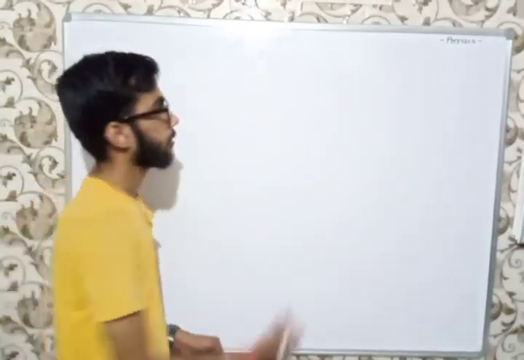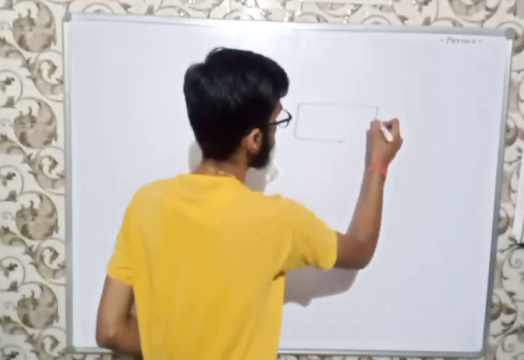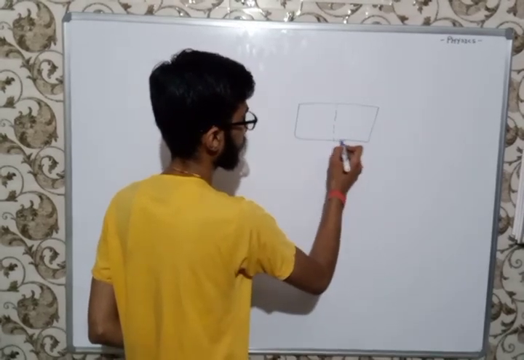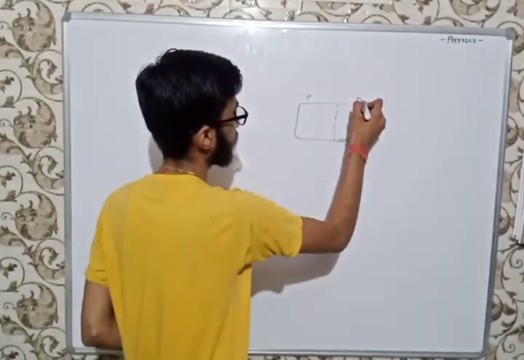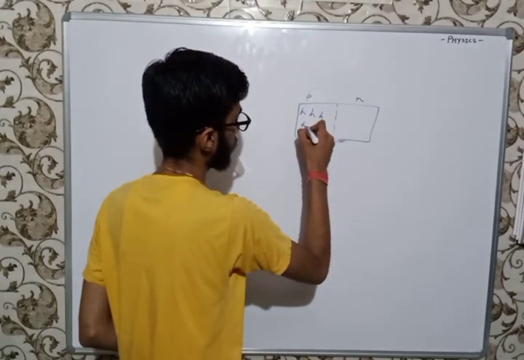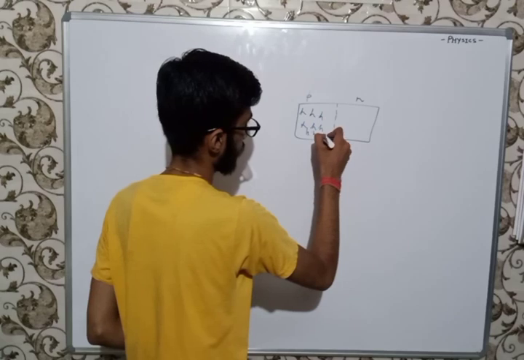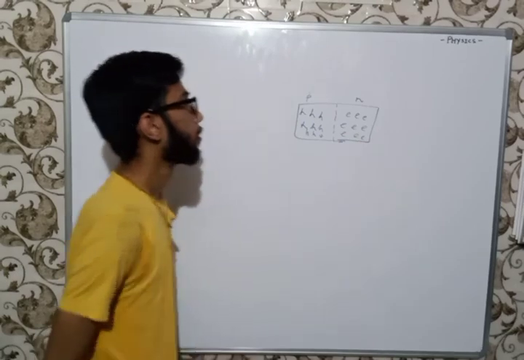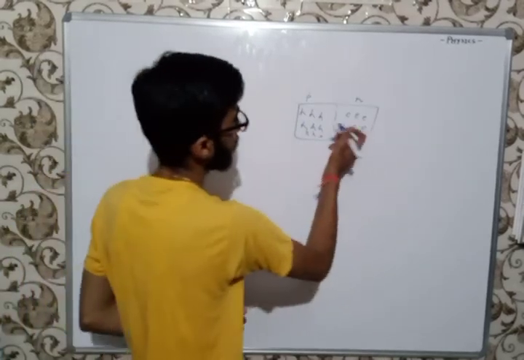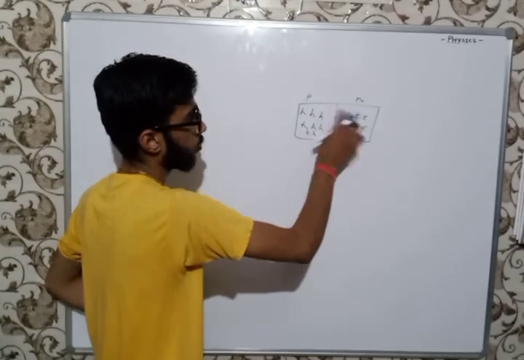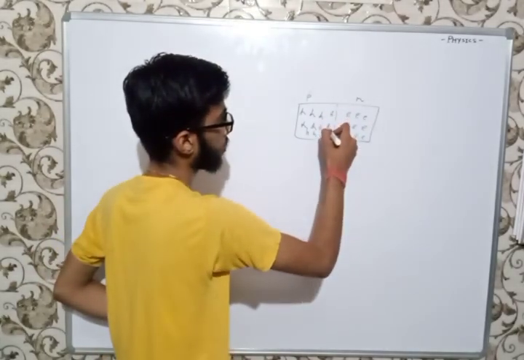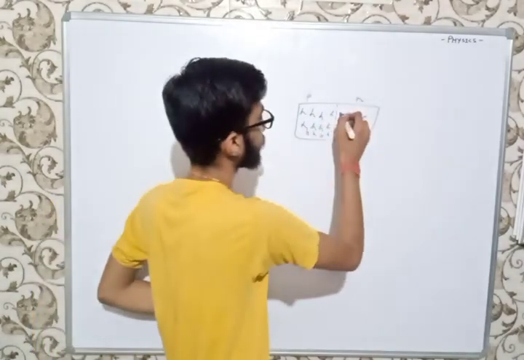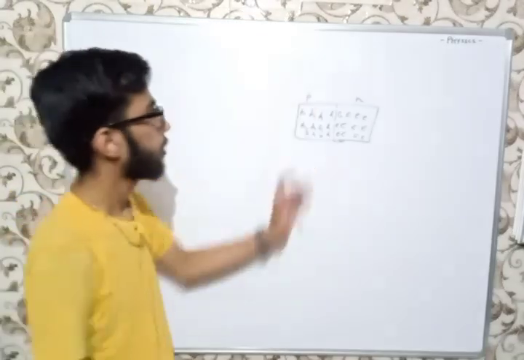Let me make you remember that in a PN junction diode there are holes and electrons. On the P side, the majority carriers are holes. If you join them, then the electrons and holes recombine, and due to this recombination there is a depletion layer.